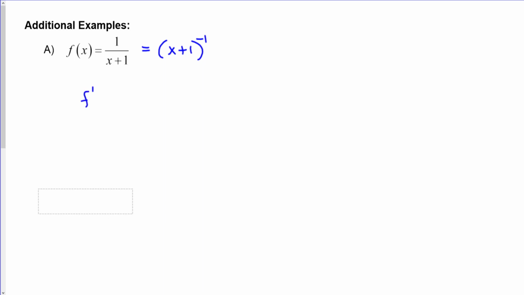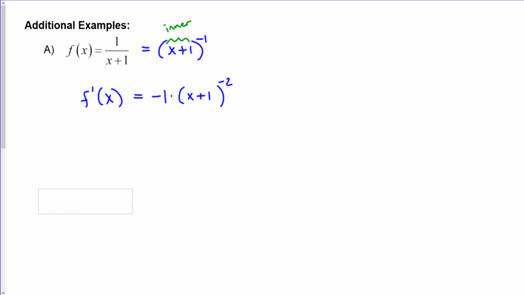So to get the derivative, the inner function is x plus 1. So what I do is the derivative of the outer function, so it's the inner function to the negative 1 power. I'm going to bring the negative 1 down, leave the inner function alone, and finish out that power rule.